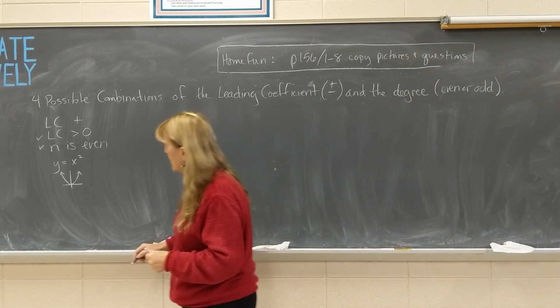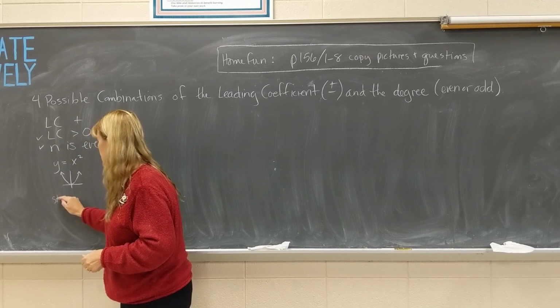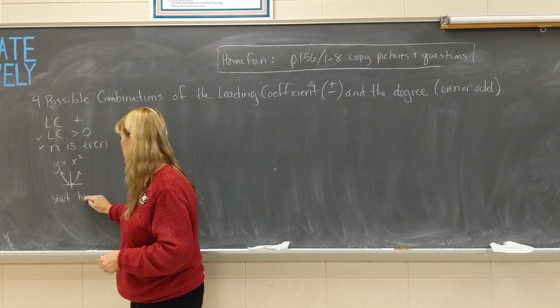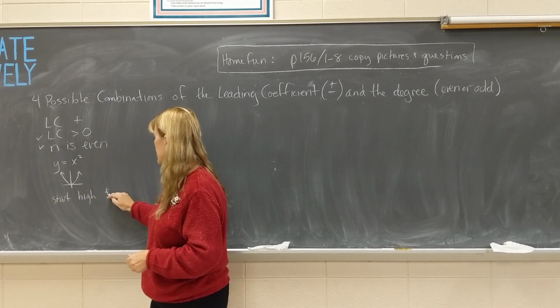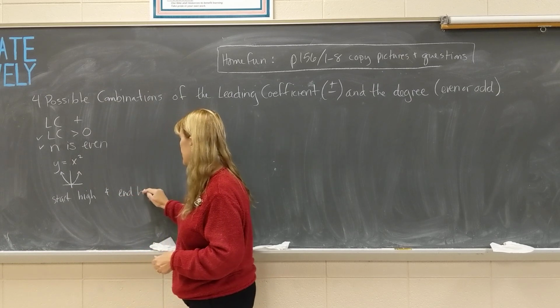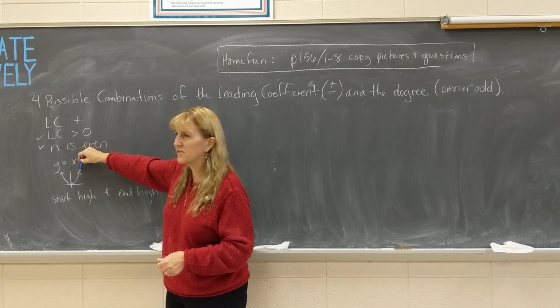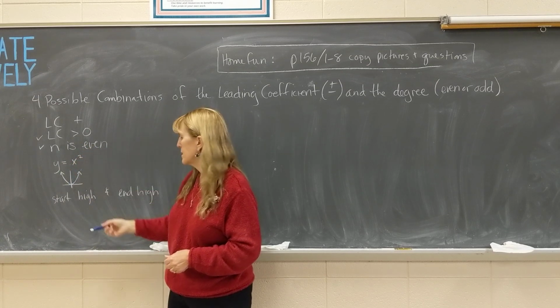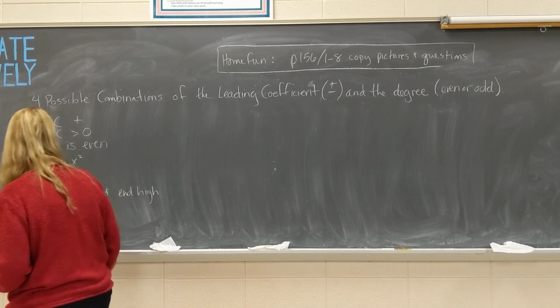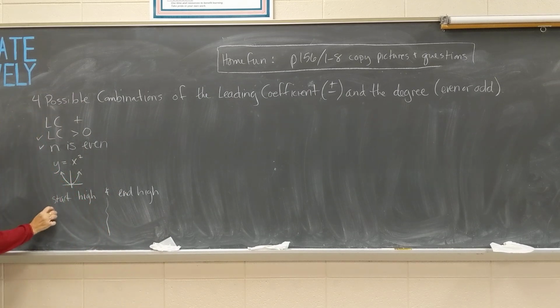That means that every single one of these will start high and end high. Starts high on the left, ends high on the right. Mathematically, starts high means that as x approaches negative infinity, going further and further to the left, this graph is going further and further up.